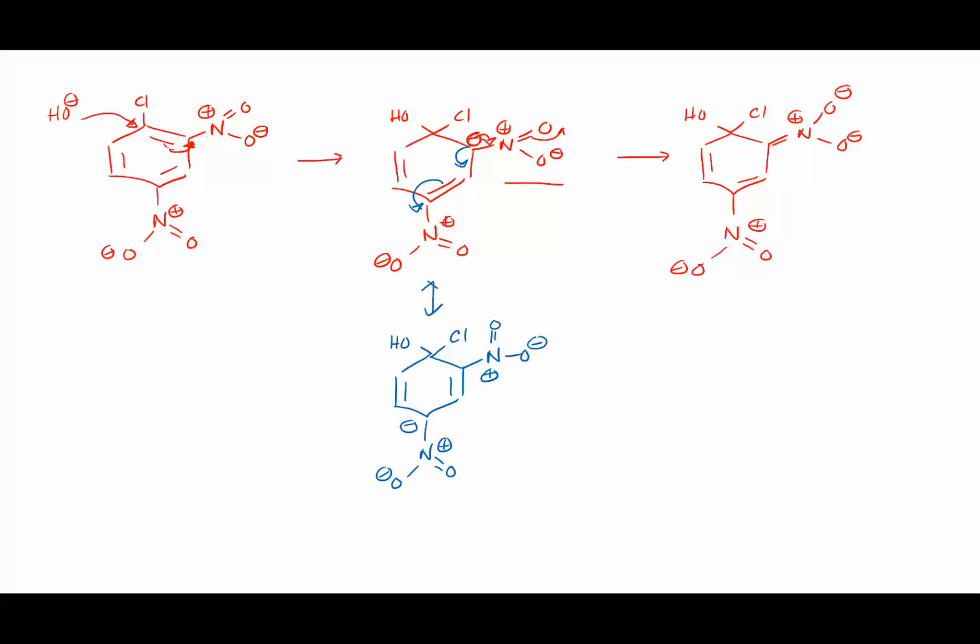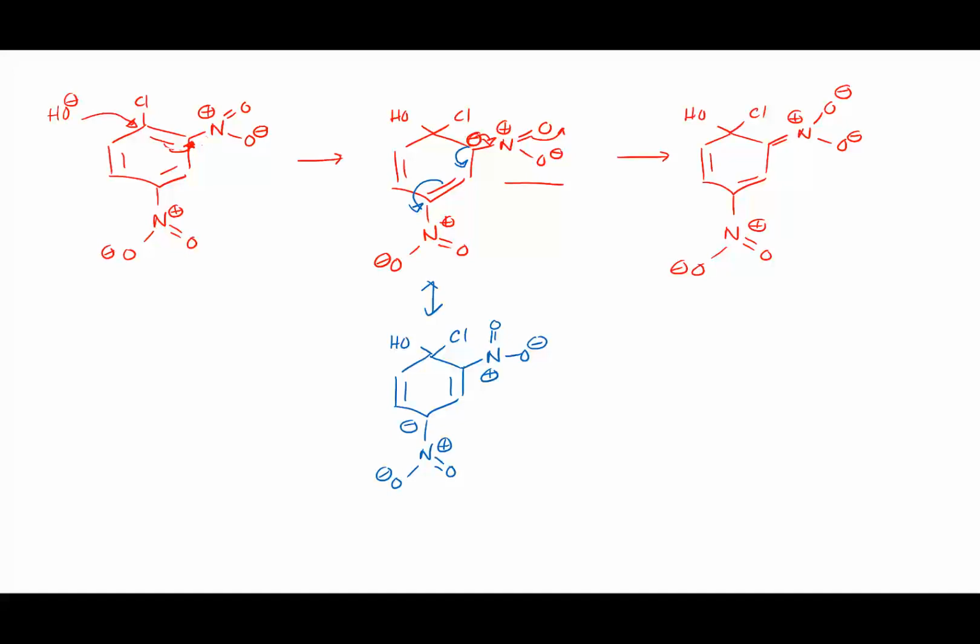Okay, this might be dumb, but how do you know that the OH is going to come in and get rid of the chlorine instead of one of the nitro groups? That's a good question. I don't know the answer to that. Whenever we do these substitutions, the nitro groups are basically more stabilizing than they are to get rid of.